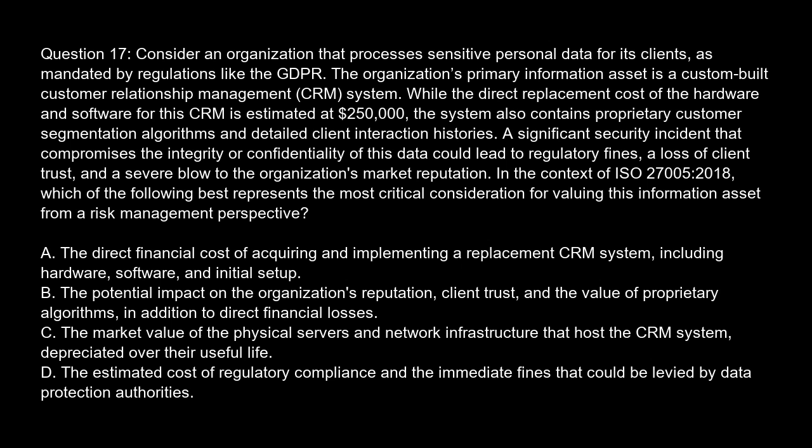Option B. The potential impact on the organization's reputation, client trust, and the value of proprietary algorithms, in addition to direct financial losses. Option C. The market value of the physical servers and network infrastructure that host the CRM system, depreciated over their useful life. Option D. The estimated cost of regulatory compliance and the immediate fines that could be levied by data protection authorities.